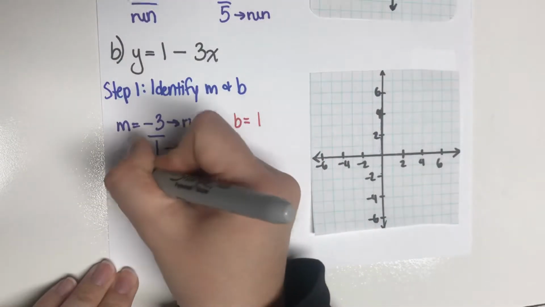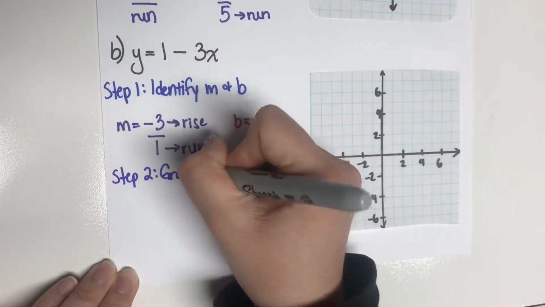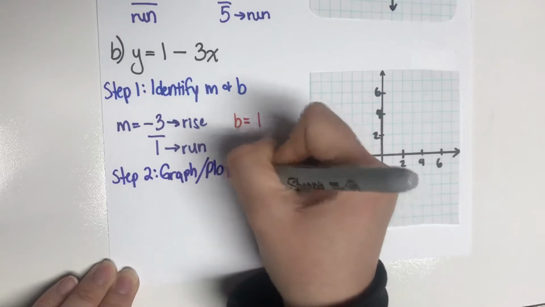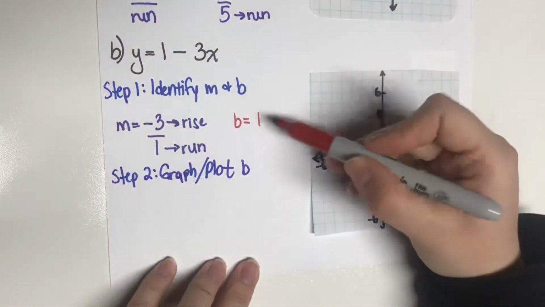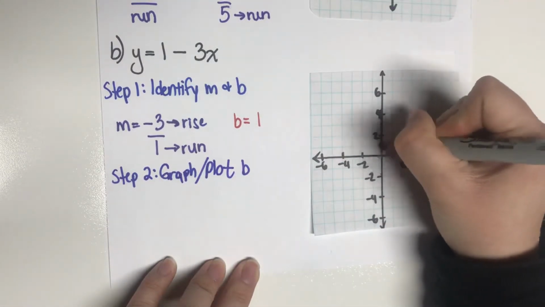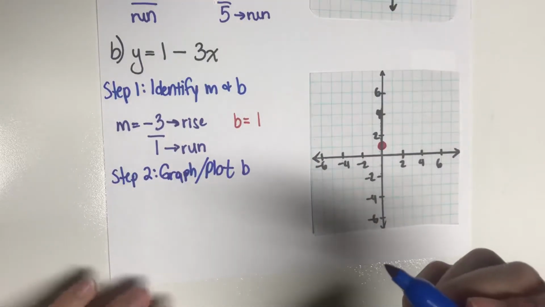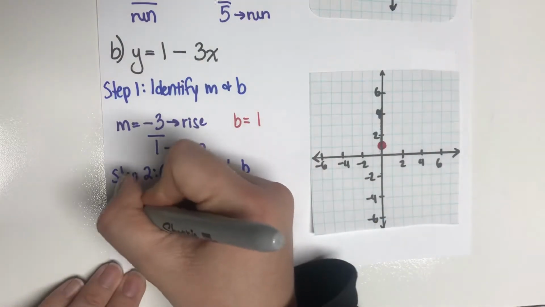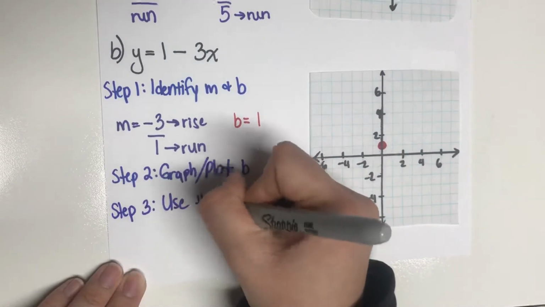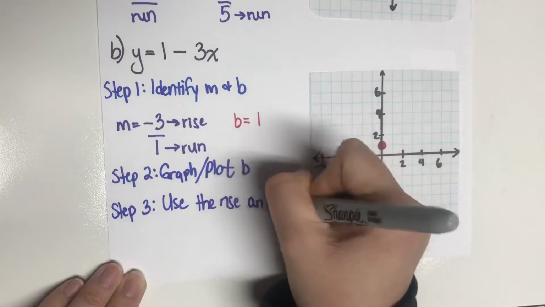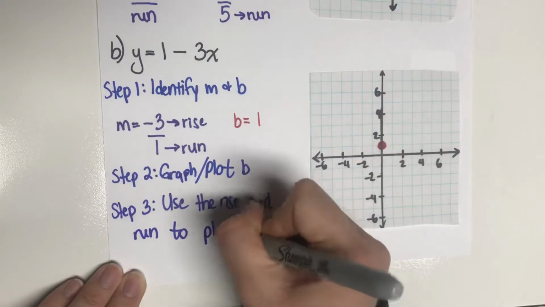Step 2 is to graph or plot. So I'm going to start with the y-intercept. I'm going to graph it, and it goes at 1. So I plotted my y-intercept, and then step 3, use the rise and the run to plot the next point.